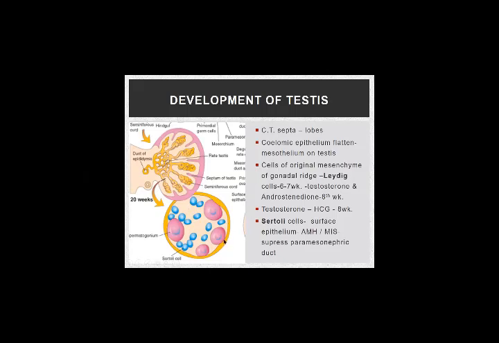Now, from the surface epithelium arise another kind of cells that are called Sertoli cells. The Sertoli cells are responsible for the production of anti-Mullerian hormone, also called Mullerian inhibiting substance. This hormone suppresses the paramesonephric duct.